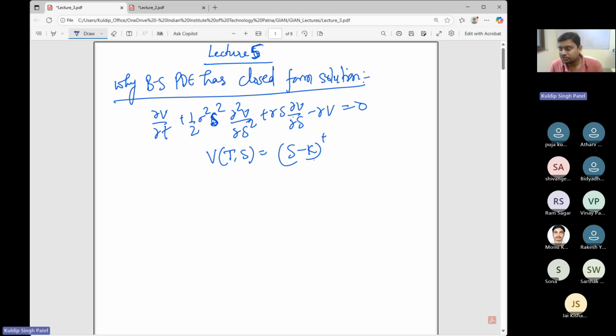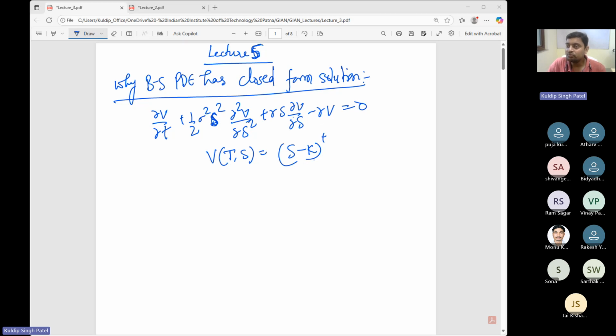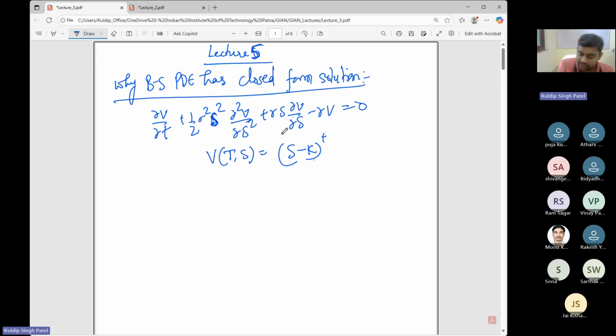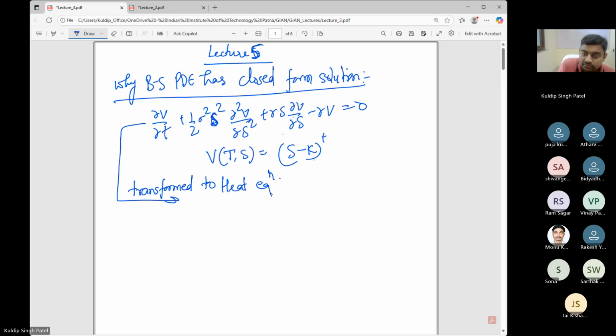So the question is simple, we are looking at why it has a closed form solution. The observation is simple: if we take a transformation, this can be transformed to the heat equation. This is the basic idea.